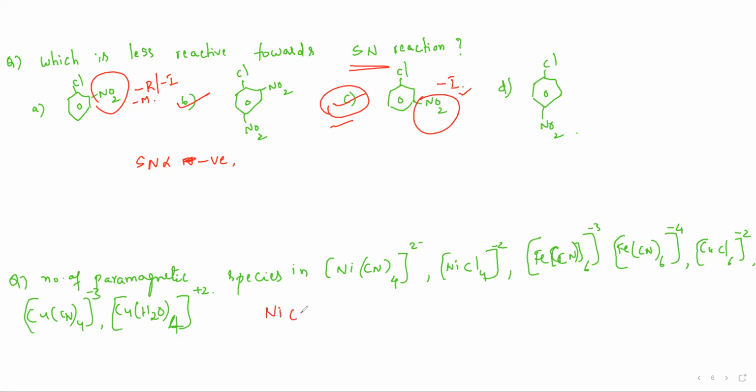That is Ni(CN)4 with minus 2, NiCl4 with minus 2, and Fe(CN)6 with minus 3. This is a basic board level question. Many things are just like board level questions only.